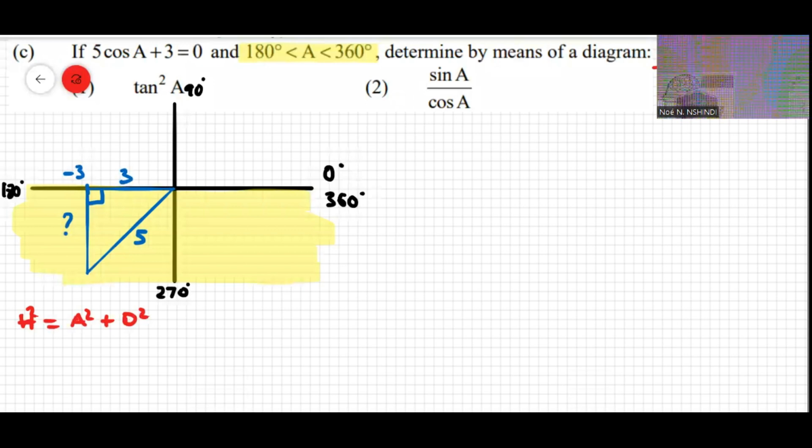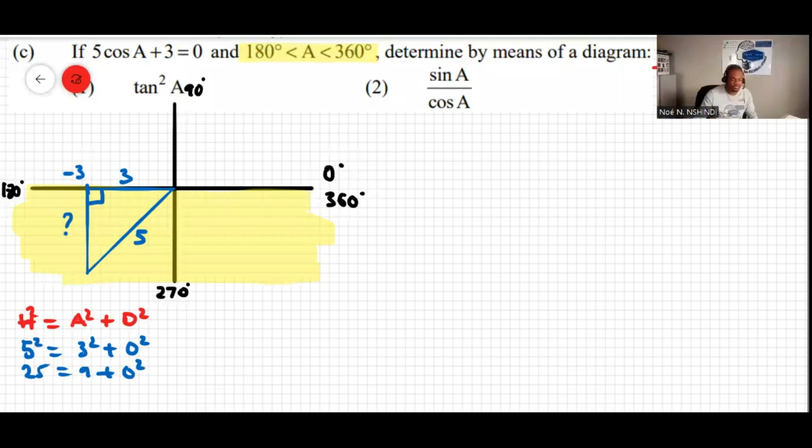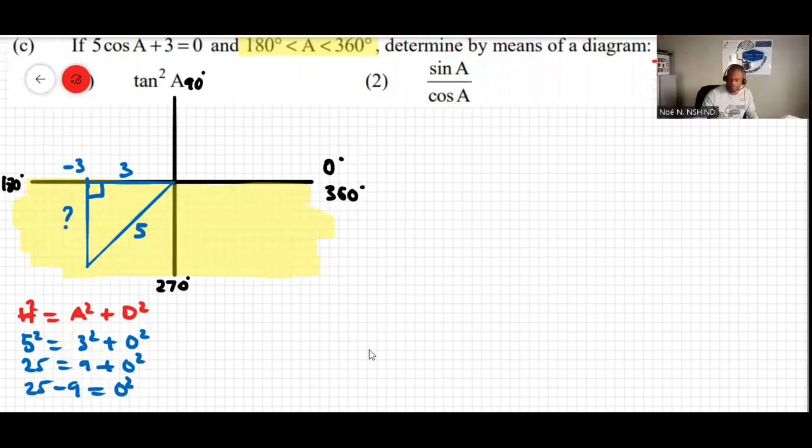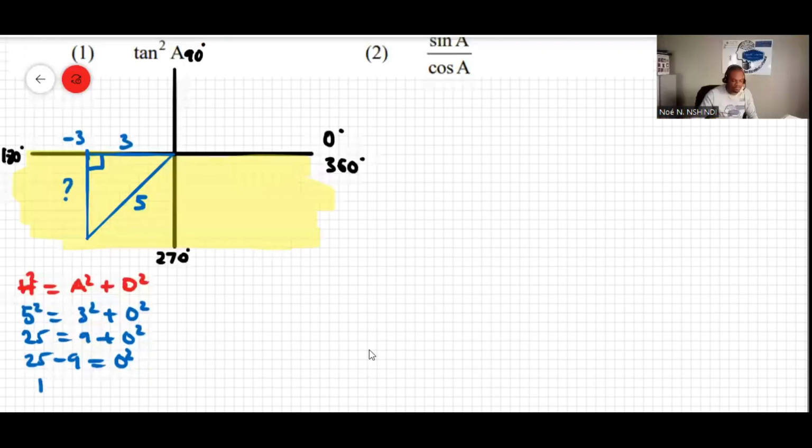So we sub in: 5 squared equals 3 squared plus O squared, that makes 25 equals 9 plus O squared. 25 minus 9 makes O squared, which is 16. So O will be equal to 4 if we square root.